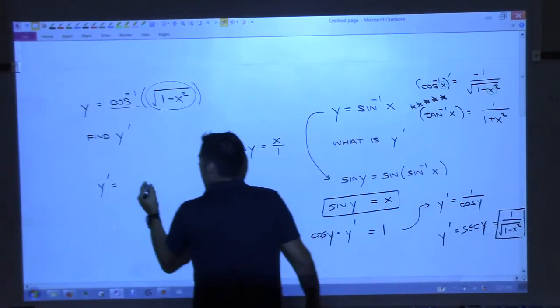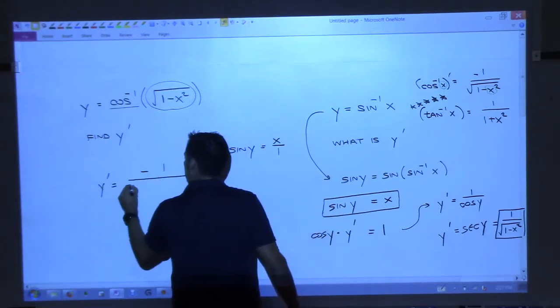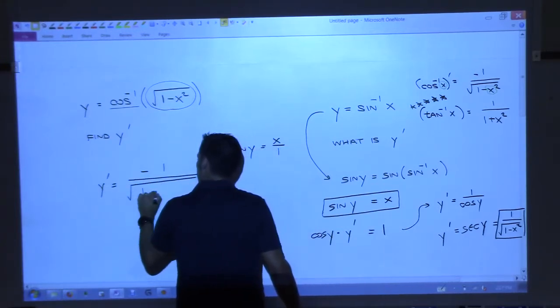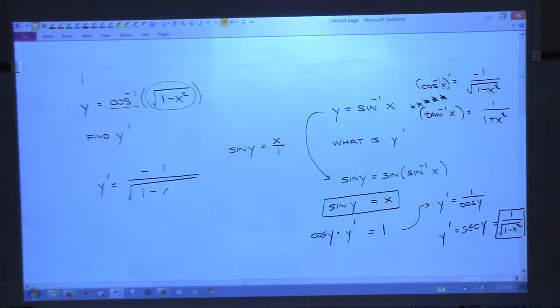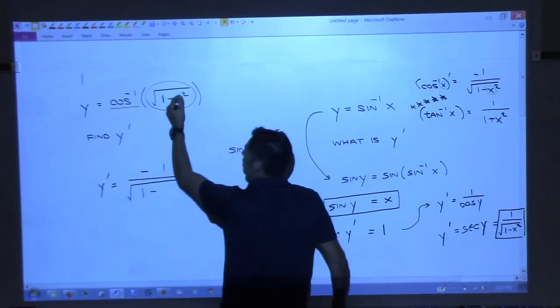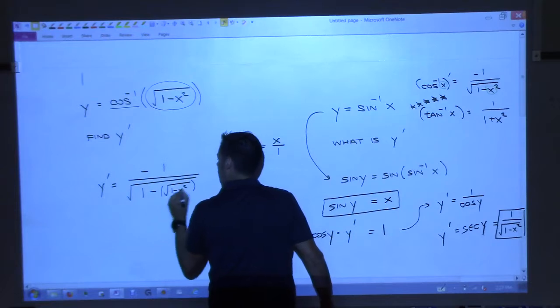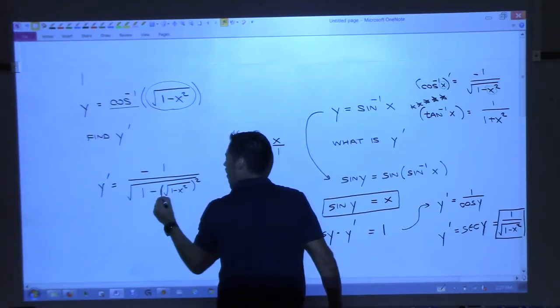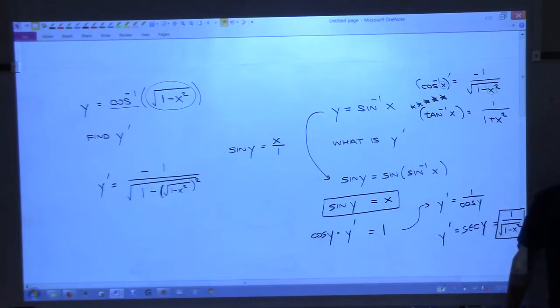It's going to be negative 1 over square root 1 minus x, not x, but what? So it's this thing squared, like that. Okay?